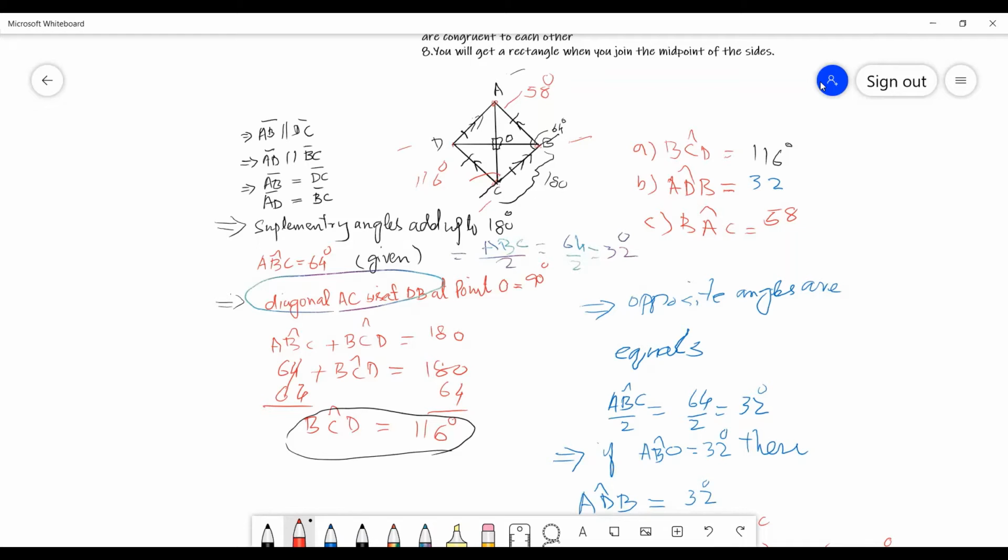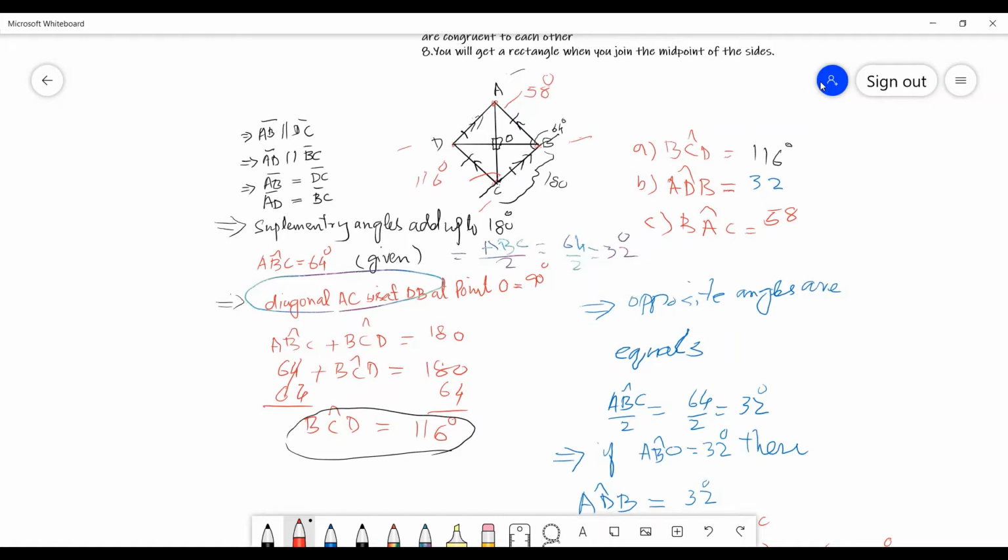So these two segments are parallel. And the third point is segment AB is equal to segment DC and segment AD is equal to segment BC. This is the information that is necessary to know before starting the solution.